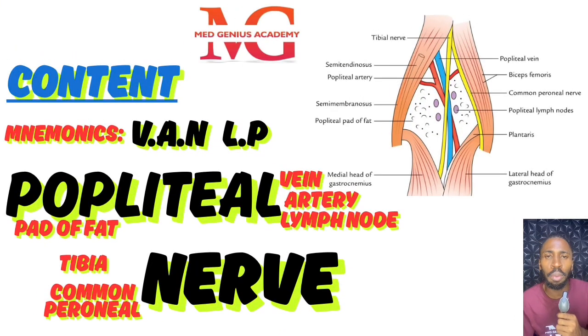Now, the content of the Popliteal Fossa includes a nerve, an artery, a vein, and lymph nodes. Don't forget, the content of every space includes a nerve, an artery, a vein, and lymph nodes. What is the nerve that is traversing this place?